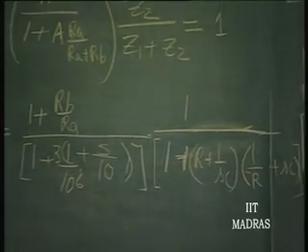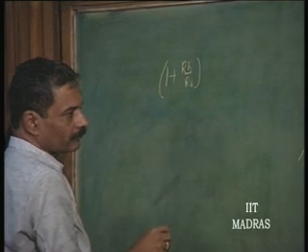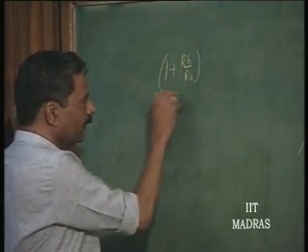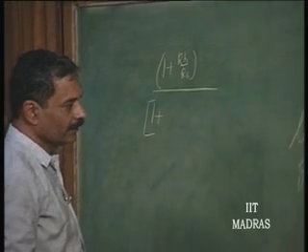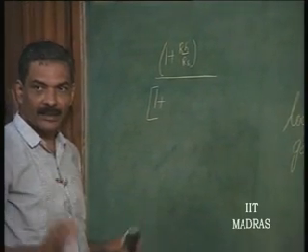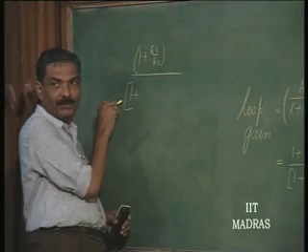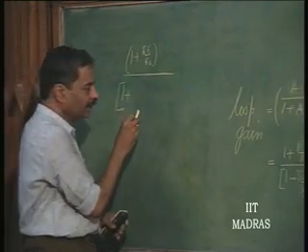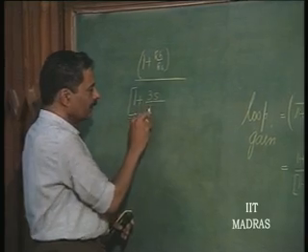So, 1 plus R_B by R_A divided by 1 plus 3 by 10 to the power 6, we can neglect that. 3 by 10 to the power 6 can be neglected compared to 1 plus 3s divided by 10 to the power 7.